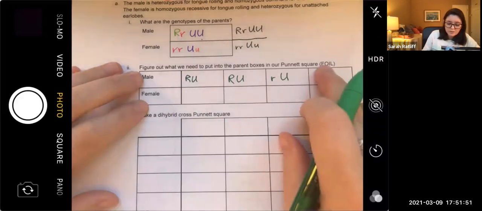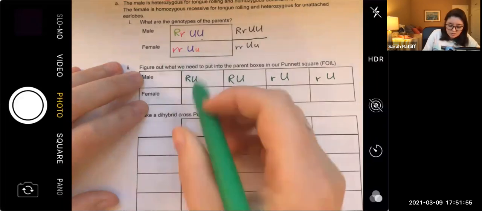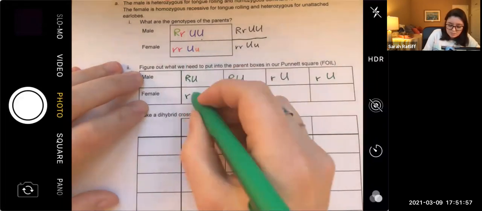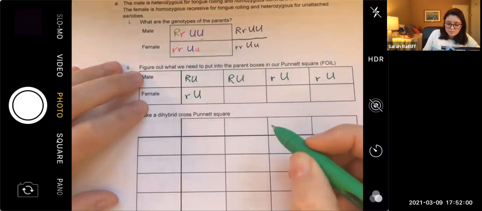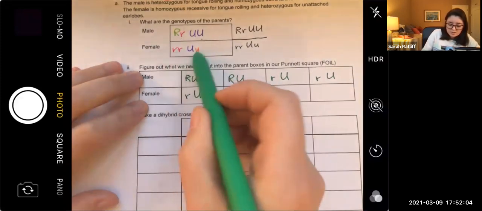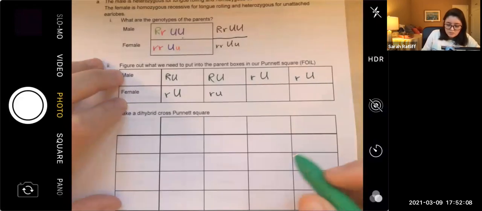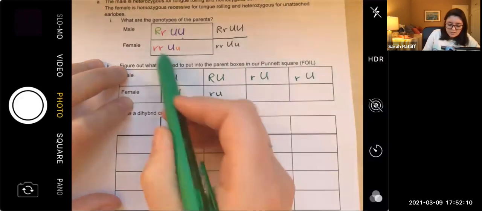So first, the first two terms of each of our two different traits. So she has a little r for tongue rolling and a big U for unattached earlobes. O for outside, our two outside letters here, a little r and a little u. Inside, what are our two inside letters here?